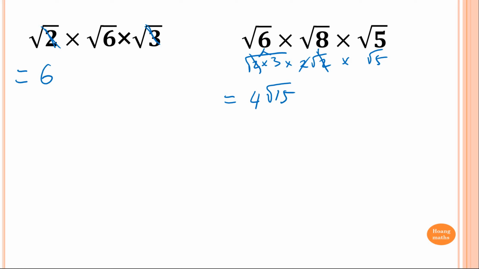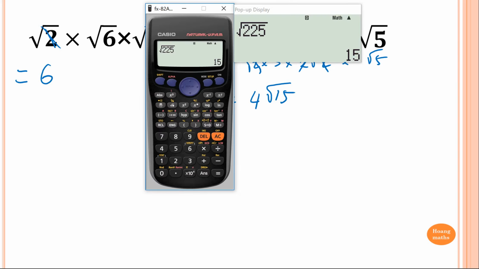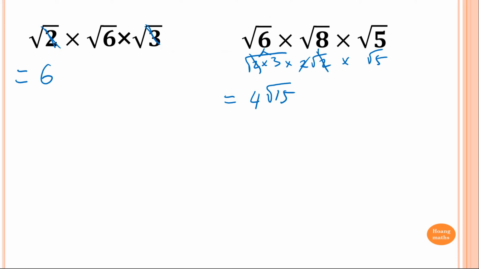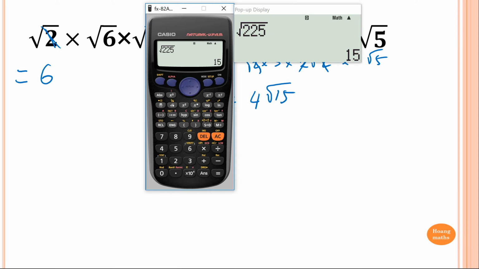Going too fast? If not, again, you just multiply them in first. So let's see if I do that. Okay, sorry, it's just 6 times 8 times 5. Correct? So I go 6 times 8 times 5. So 6 times 8 times 5 is 240. Okay, 240.